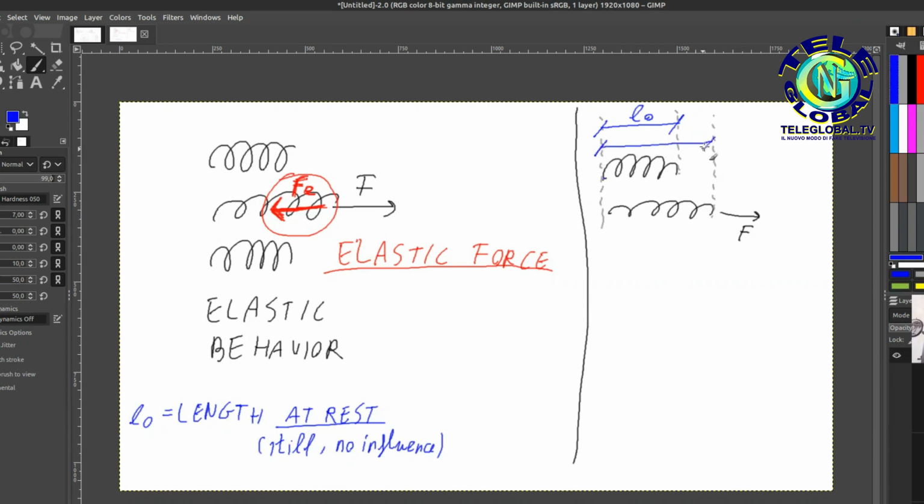So its length will become something else, L1. What we take note of is the difference in length, or the stretching, which we call delta L.